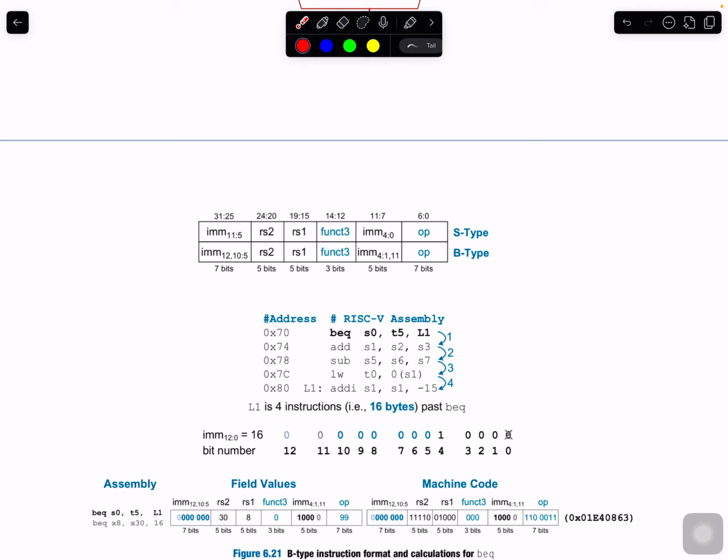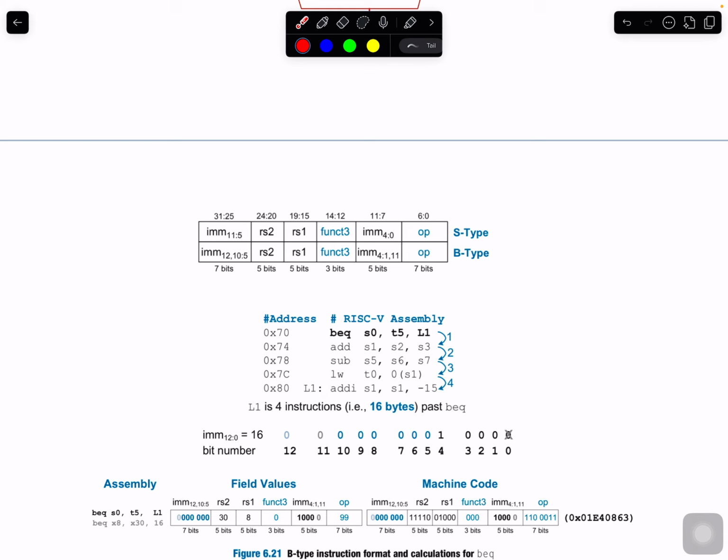Memory is byte addressable, so each byte has a different address: 0, 1, 2, 3, then 4, 5, 6, 7, 8. How many bytes down do we need to go? 16 bytes. So L1 is 4 instructions past BEQ.